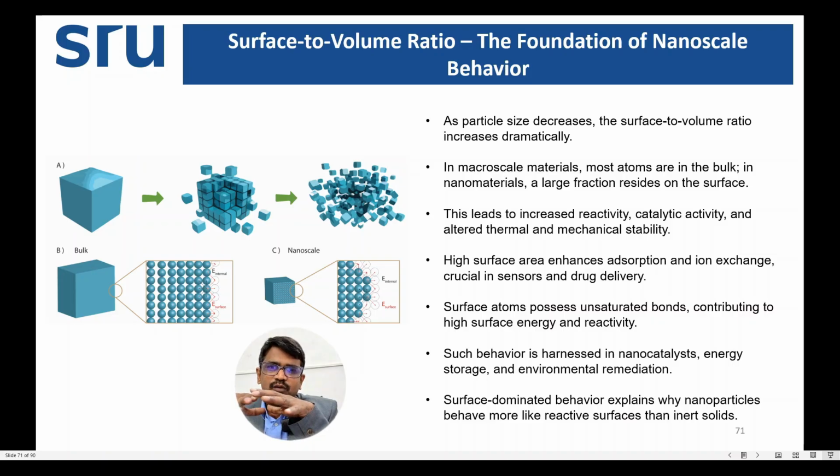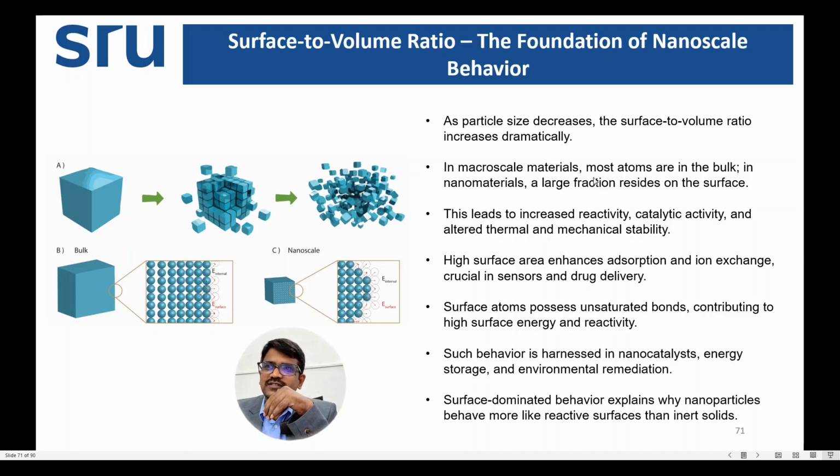Only a fraction of atoms, only a fraction of molecules, are on the surface, because of the less surface area. But when it comes to nanoscale, all the particles are very small in size, so most of the atoms come onto the surface of the particle. That's why in macro scale materials most atoms are in the bulk, but in nanomaterials a large fraction resides on the surface.